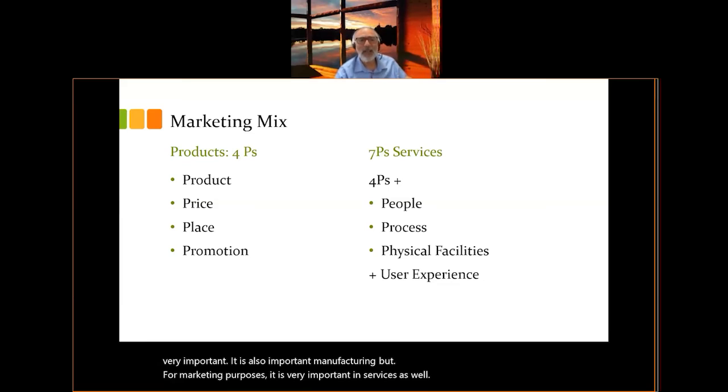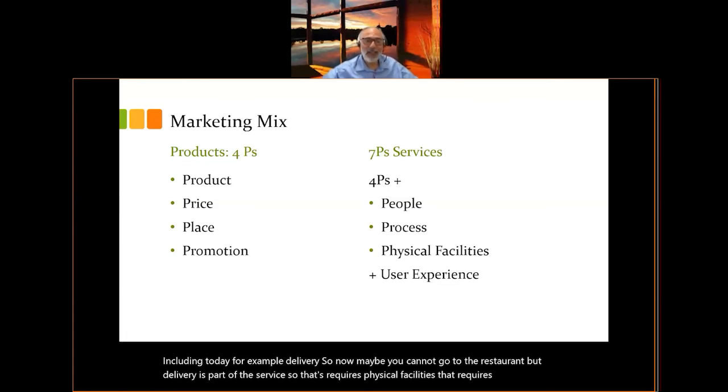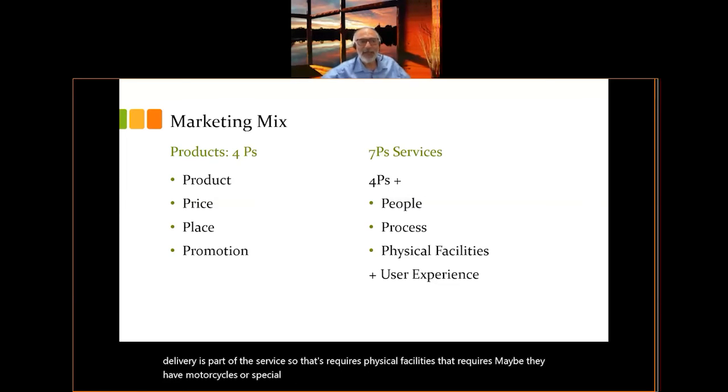Physical facilities. When you look at a place like McDonald's, it is important to look at the physical facilities, including today, for example, delivery. So now maybe you cannot go to the restaurant, but delivery is part of the service. So that requires physical facilities. Maybe they have motorcycles or special cars to make that delivery, and maybe they have a special box to keep, or the pizza place has a special box on the motorcycle to keep the pizza hot, right?